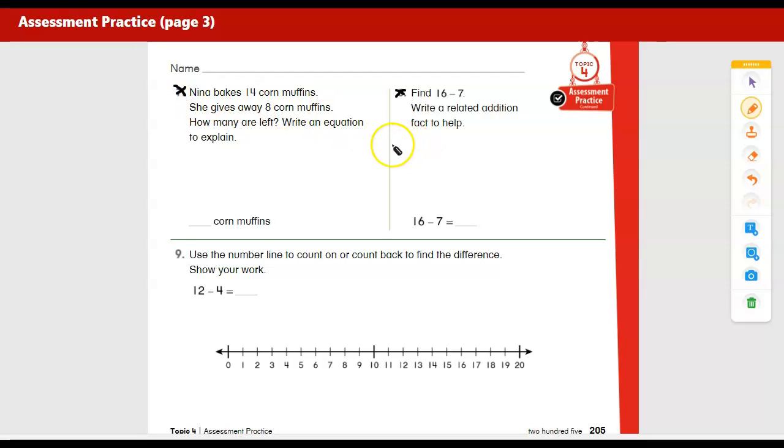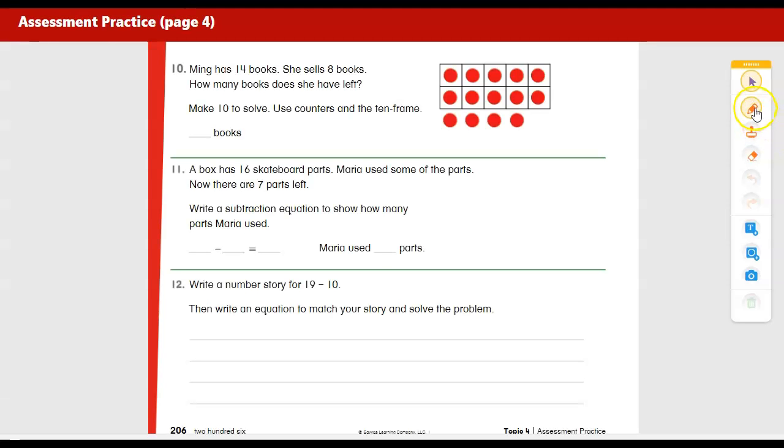So you can do them at home for practice, but you do not have to do them for your practice test because we will not be testing on those skills. You will do number 9. And on the last page, you will do number 10, but you do not have to do number 11 and 12. So you only have about 5 or 6 questions that you have to do in this assignment, and the rest you can practice at home.